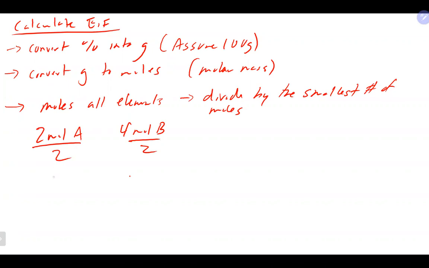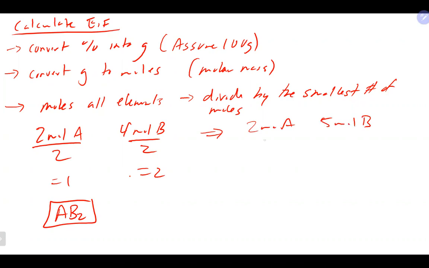That would give us 1 mole for A and 2 moles for B, which means our empirical formula here would be AB2. Now, if you do get to this point and you had something different, like 2 moles of A and 5 moles of B, here we would divide by 2. That would give us 1 and 2.5. That would give us an empirical formula AB2.5.